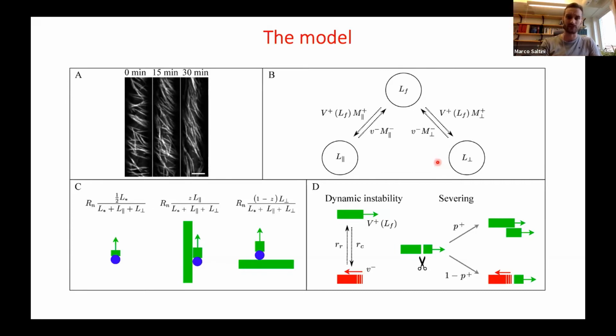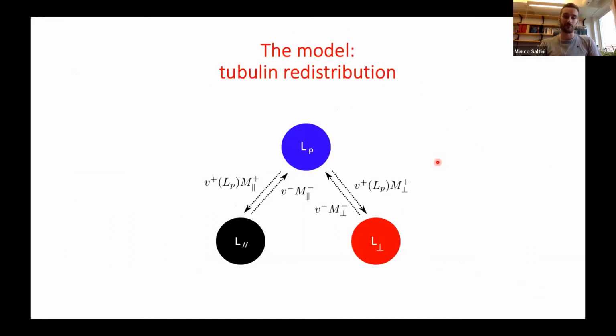But let's try to go through the model a bit more into the details. As I said before, the two populations of microtubules compete for the same pool of tubulin, which means that they receive building material from the pool of free tubulin and they undergo dynamic instability. So they grow with a growth speed which is dependent on the amount of free tubulin.